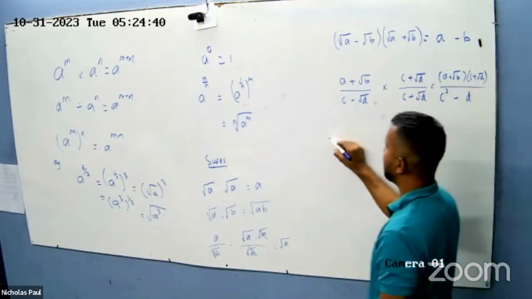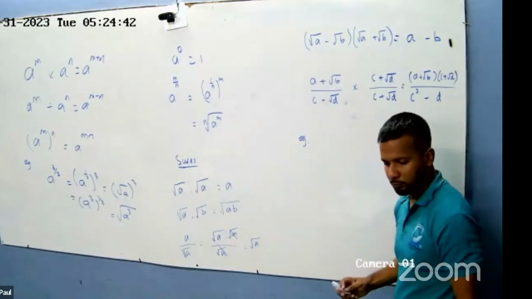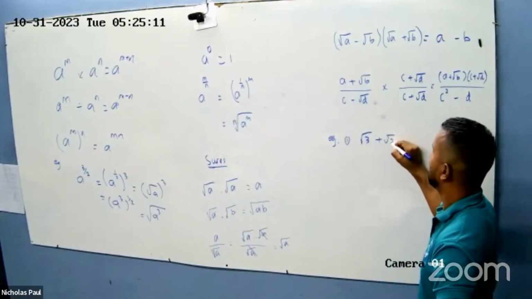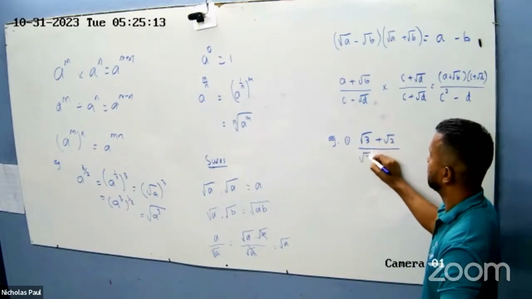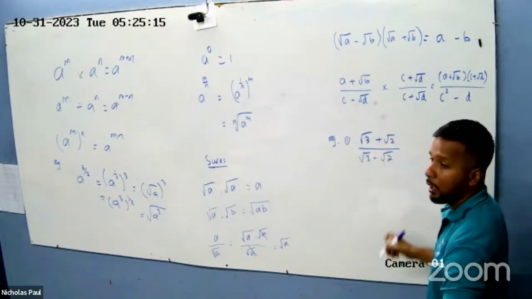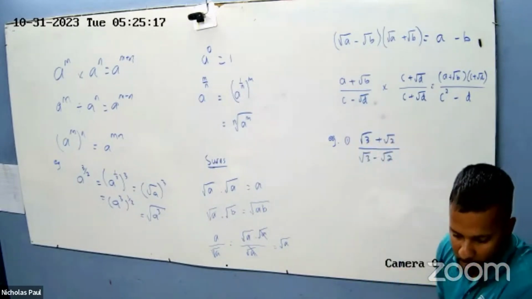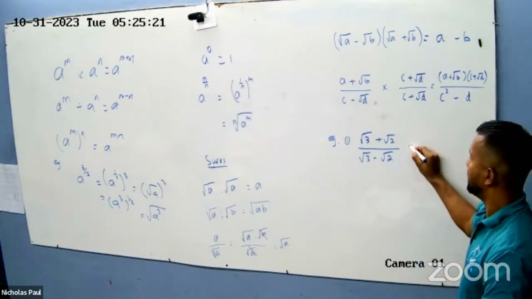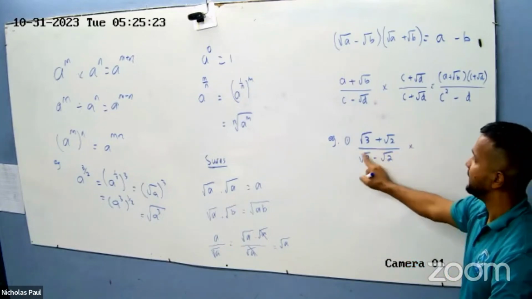So we'll try an example then. We want to simplify this here. How will you simplify this fraction? Multiply by the conjugate of the denominator.